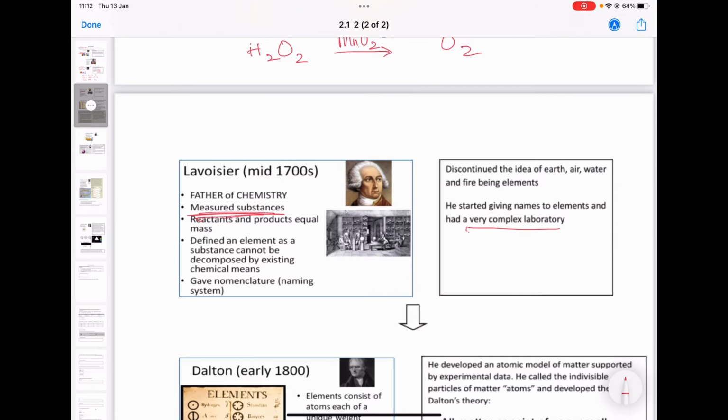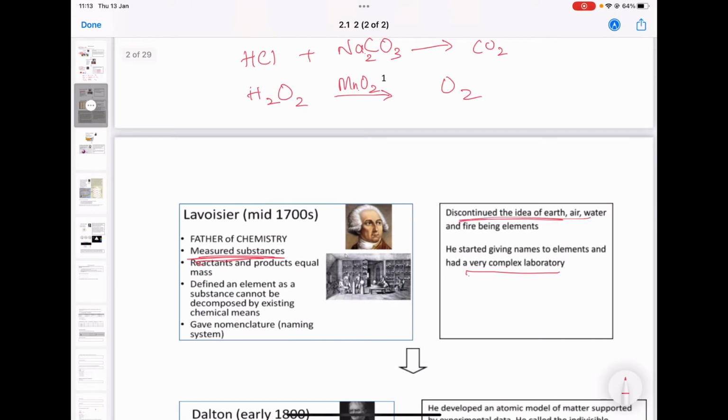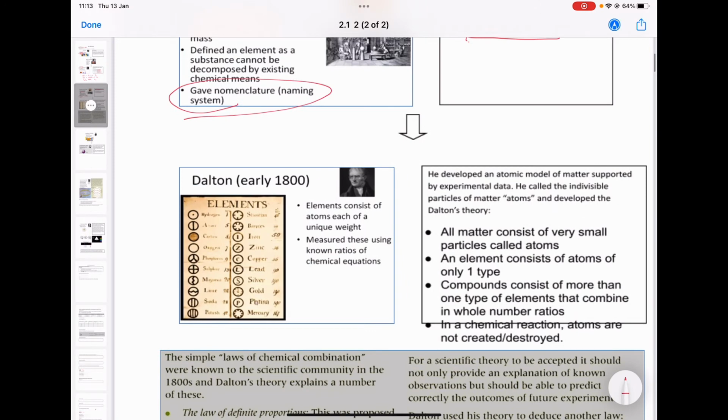And he actually defined an element as being something that cannot be broken down into any simpler substance. So for him, it was clear that air is not an element. He discontinued that idea, and he started to name substances. So he gave names to like hydrogen, oxygen, right?